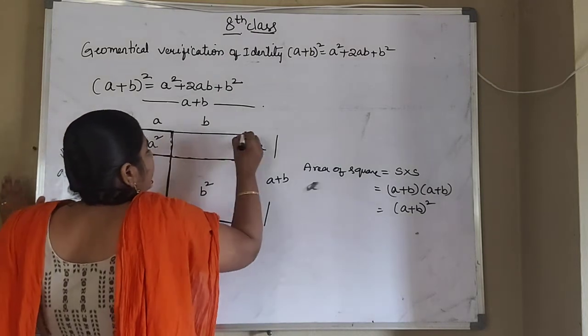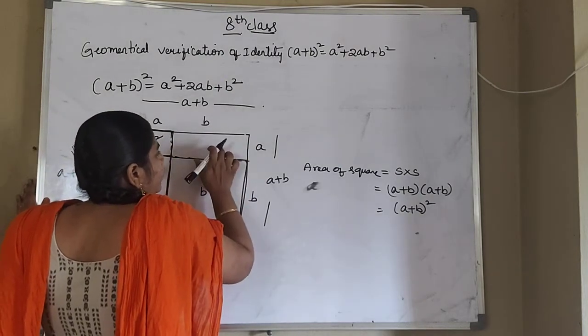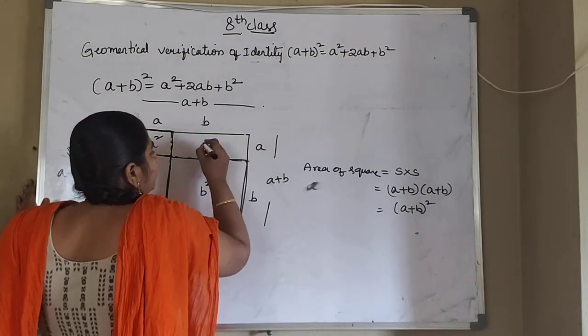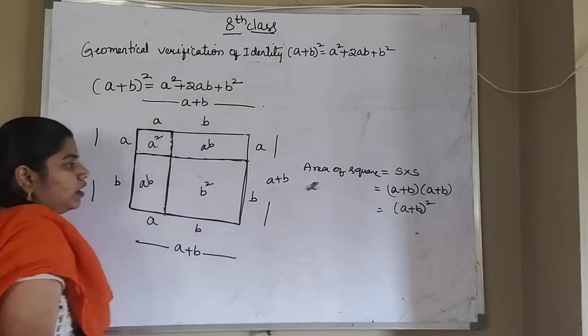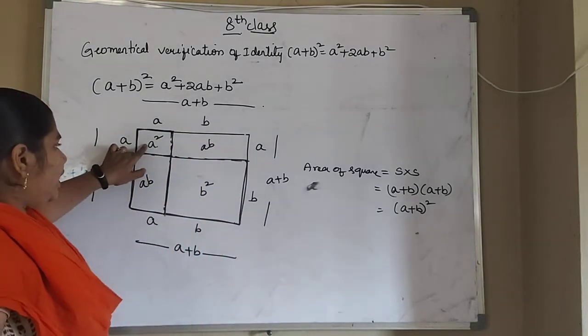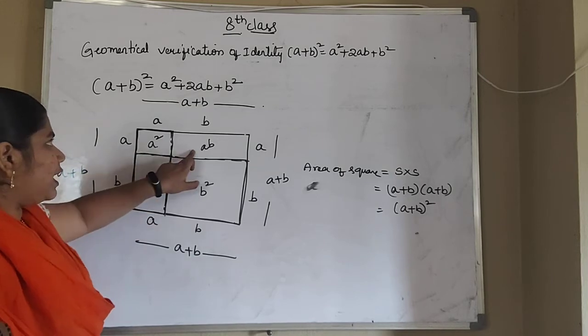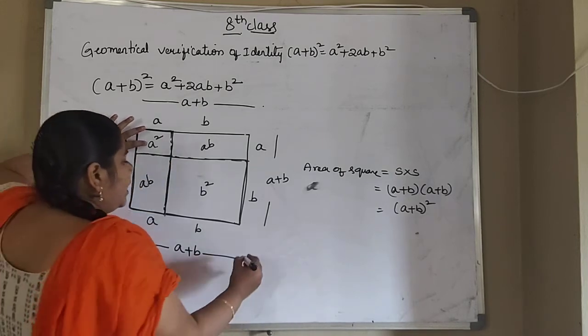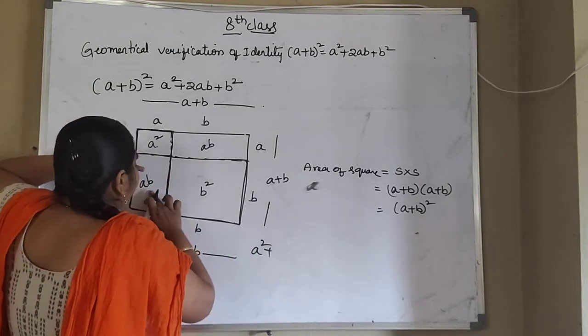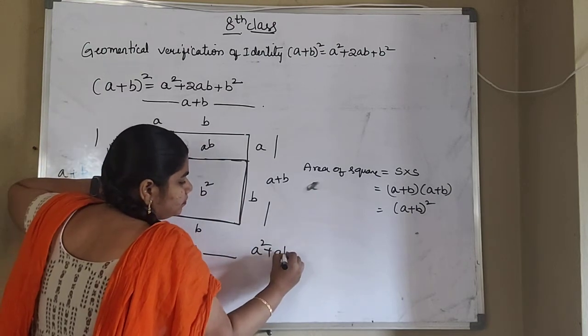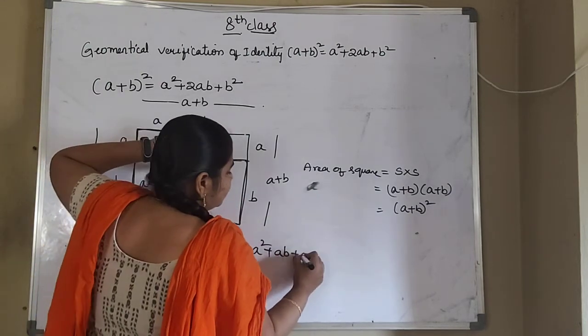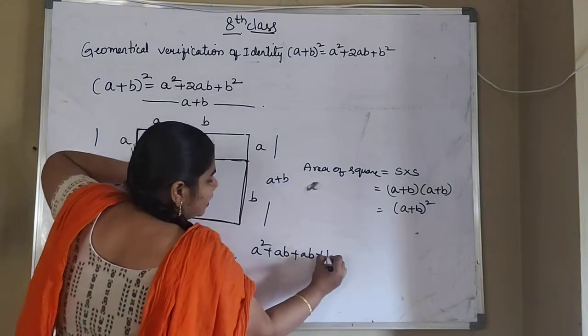In the same way, this is another rectangle, and its area is a into b, which is ab. So what do you get now? a square, plus ab plus ab, which is 2ab, plus b square.